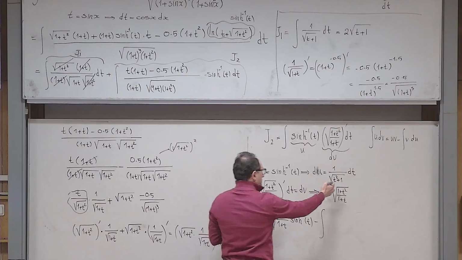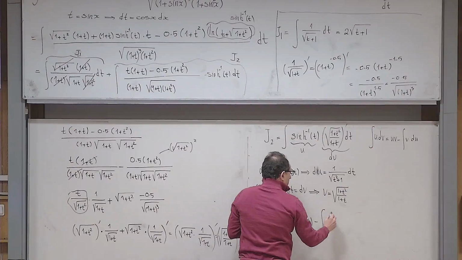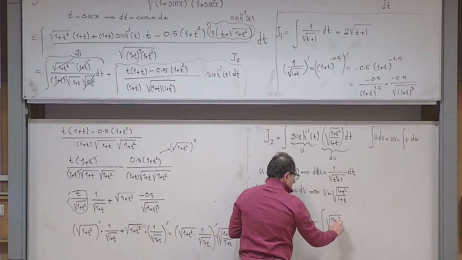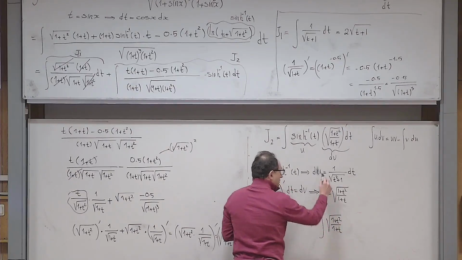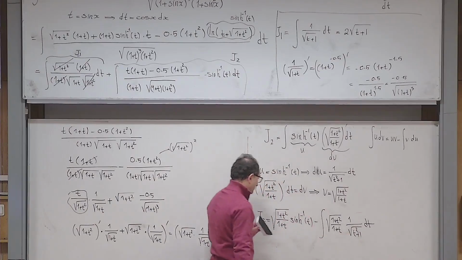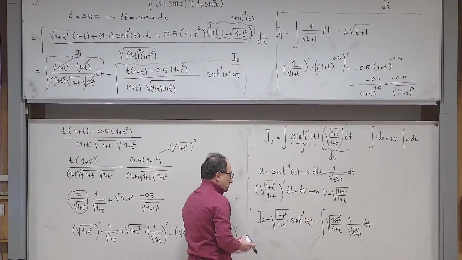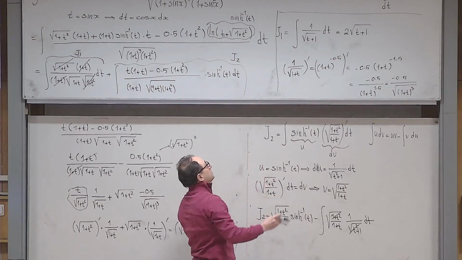Du is this expression. V is this expression, times du, which is this expression. But this one and that one are gone. So this becomes exactly the integral j1 again.